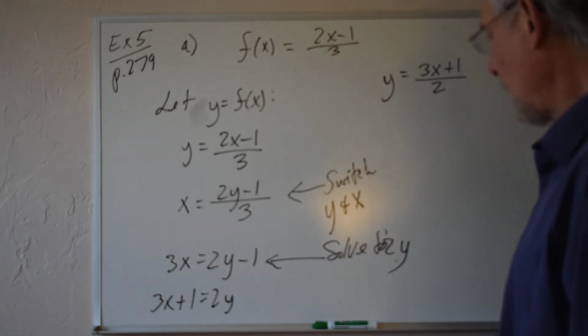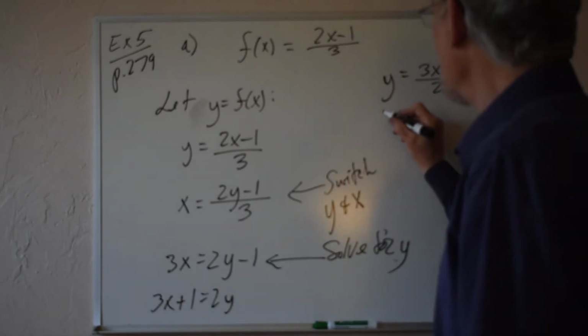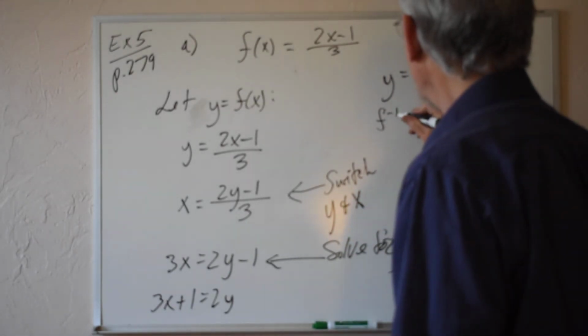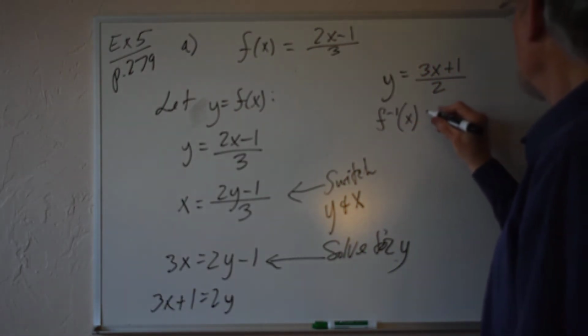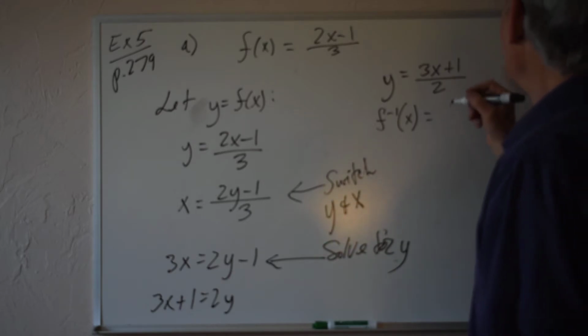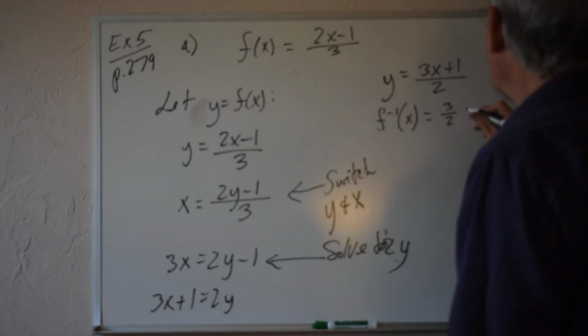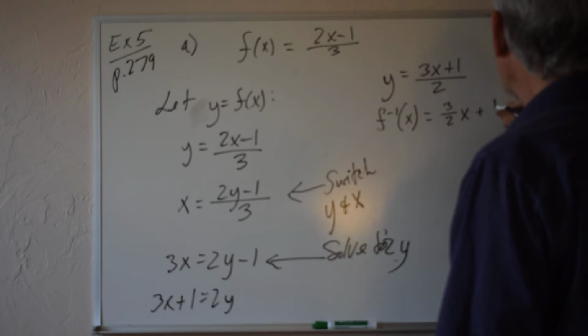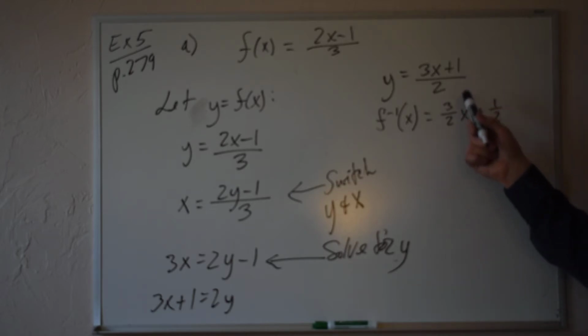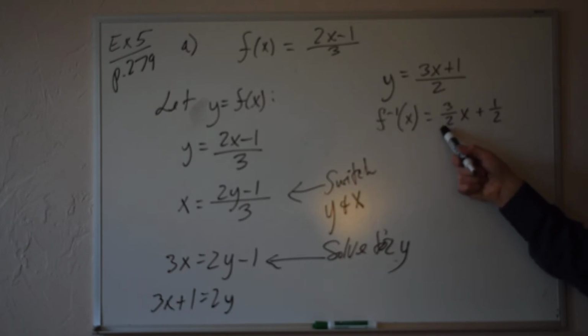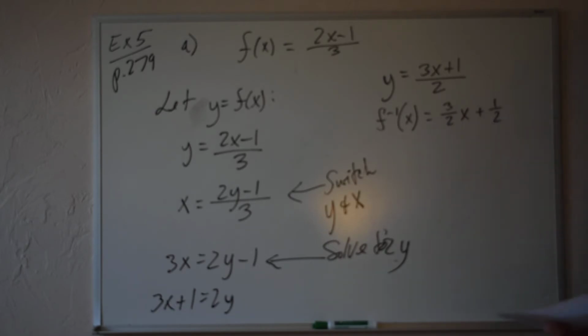That, in fact, gives me my inverse function. f inverse of x, then, is equal to this. And in fact, a nicer way to write it is in slope-intercept form, if we wanted to graph it, and we do. All right, this is a line. There's your slope. There's your y-intercept. Okay.